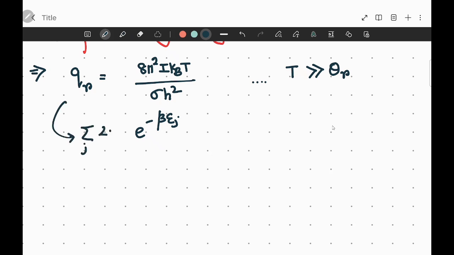This is called the direct summation method. When the temperature is very much greater than the characteristic rotational temperature, we can directly use the formula with 8 pi squared I k_B T. In this formula, this sigma appears. This sigma is the symmetry number.